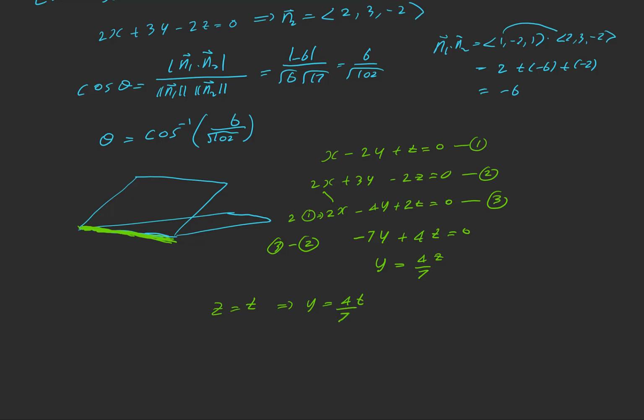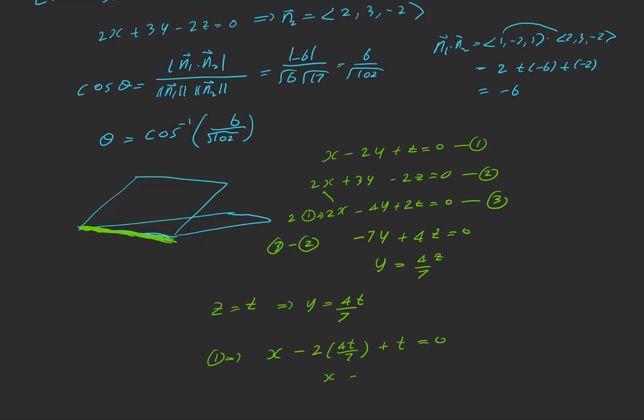Now I plug these z and y values into the first equation. So x minus 2 times 4t over 7 plus t equals 0.